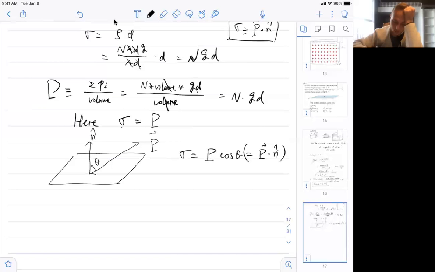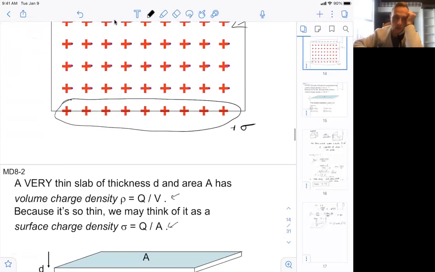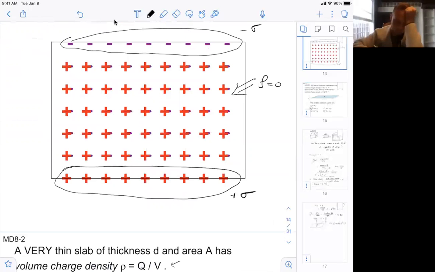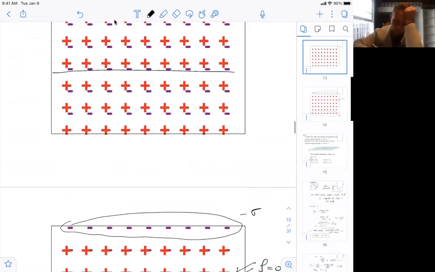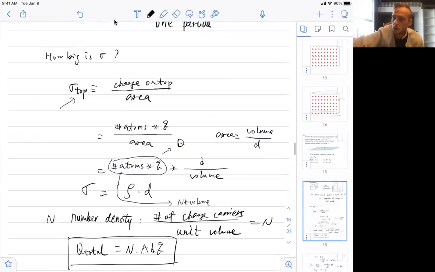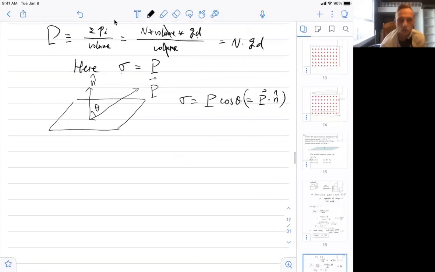If you look at any surface in between, a random surface in here, when you have a polarization, it looks like you have some charge passing through it throughout the bulk. Let me go ahead and write it here.